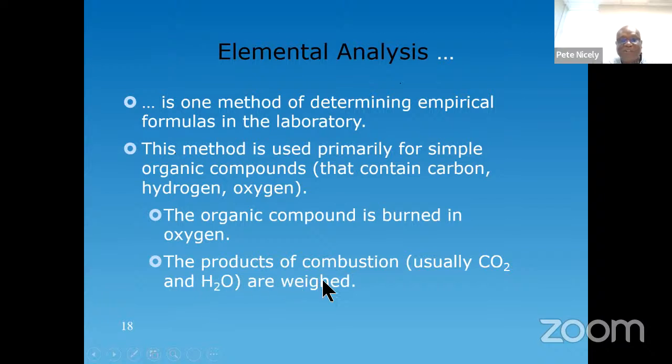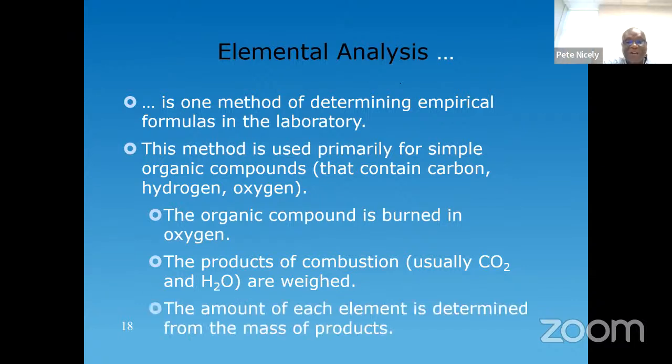So if you can find some method of isolating the carbon dioxide and water and weigh them, then you can work backwards to determine how much carbon and hydrogen are present in the original compound. And if there are other elements, you can determine the amount of those elements based on the original mass of the compound. So that's basically an overview of what is done in this sort of analysis.